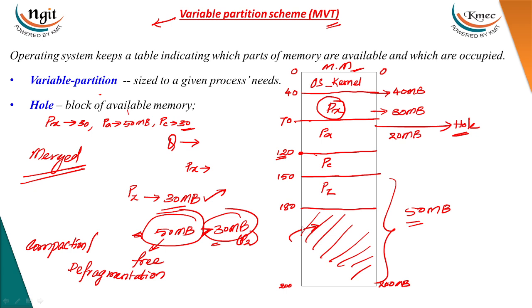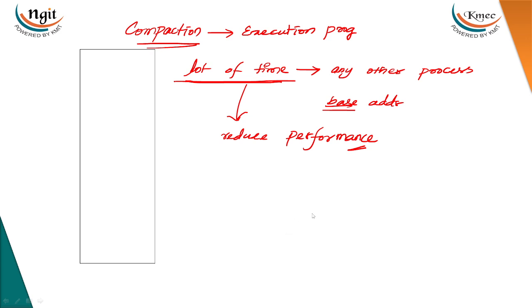That's why we go for non-contiguous memory allocation, where the process can be divided and stored in different parts of main memory. We'll see a technique called the paging technique.